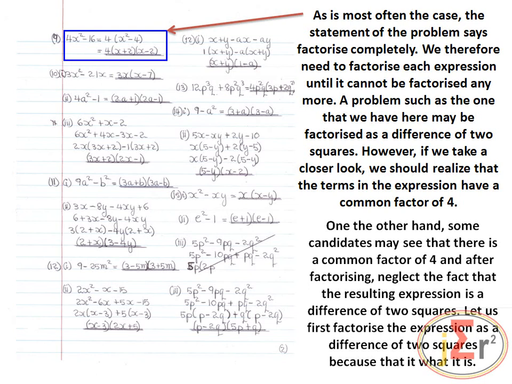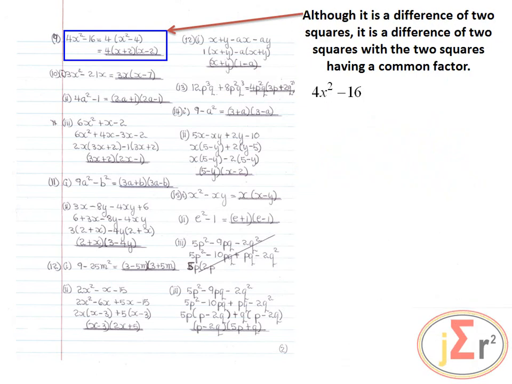So the expression that we have right there, let us put it on the next slide, is a difference of two squares. So one may want to factorize as a difference of two squares. However, we may find that others may opt to make use of the fact that we have common factors.